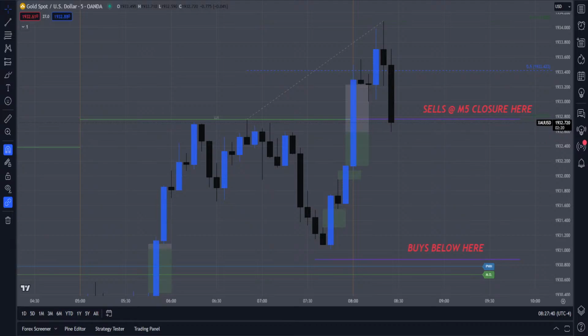Okay, so as of right now we have no closure, so we're just waiting patiently. Once it does close below, we will look to take the trade. I'm going to see what kind of lot size we'll be using. Okay, so around 5-ish lots.